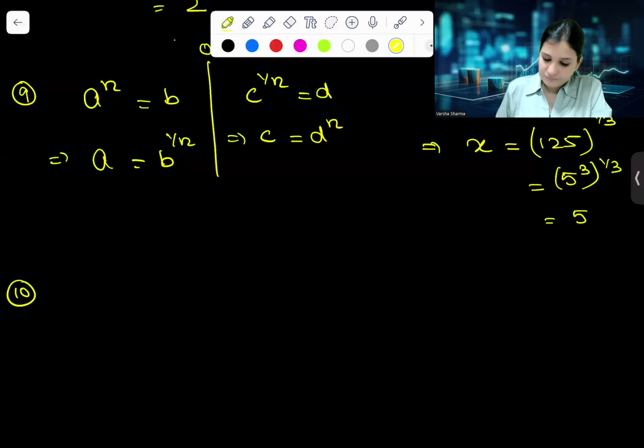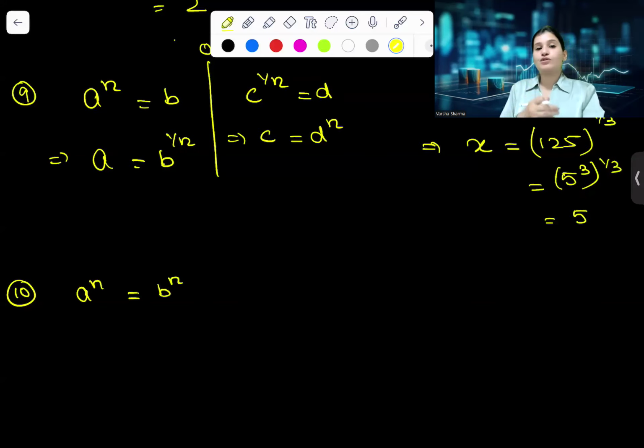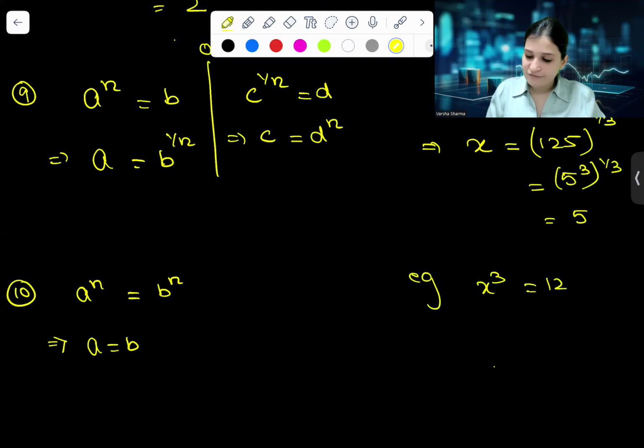10th. We could have used this in the above example also. If there are two sides and both of them have the same power, I can cancel or equate, provided that the base also has to be the same. Since the powers are same and the two terms in whole are same, that means their bases also have to be same. For example, x cube is 125.